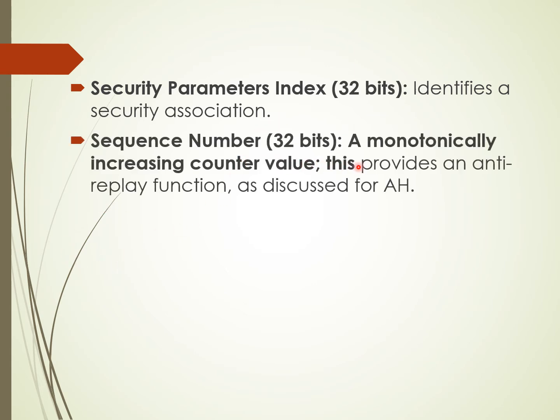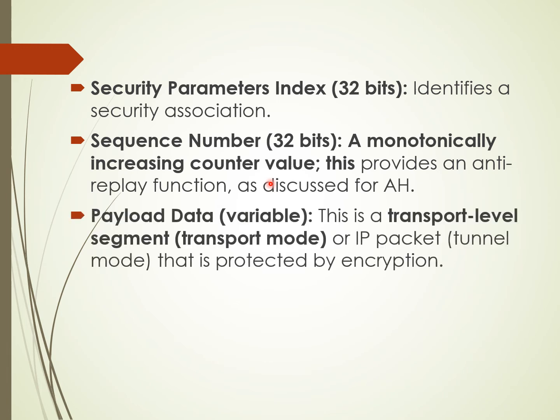Sequence number is a monotonically increasing counter value. This provides an anti-replay function, as discussed for the authentication header. Each data packet has a unique number, and we identify that data packet with the sequence number. Again, we represent the sequence number with 32 bits.